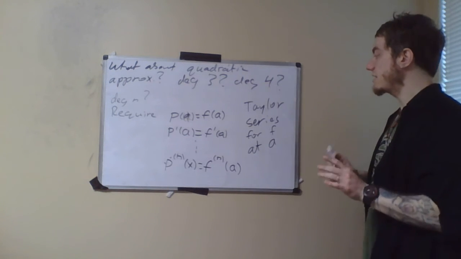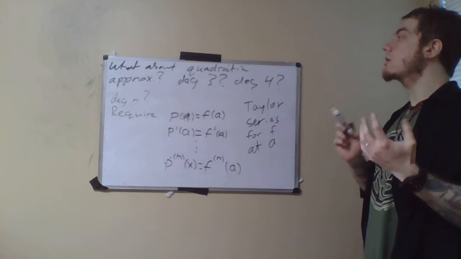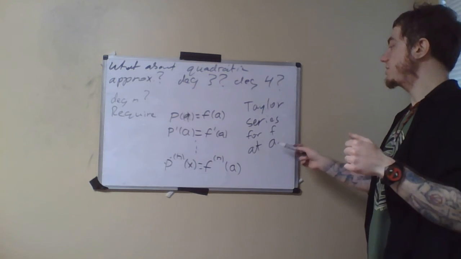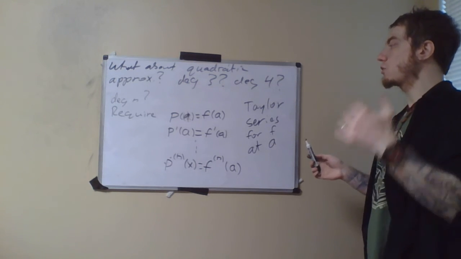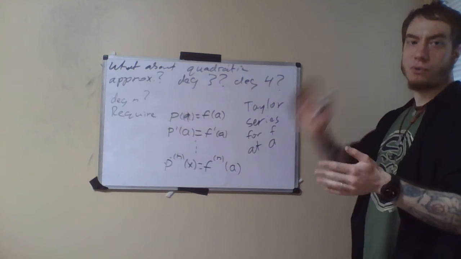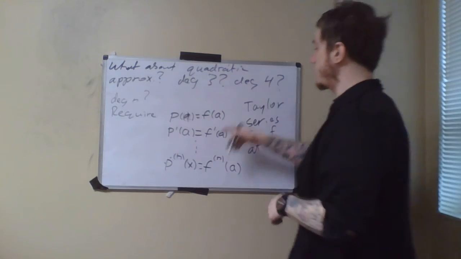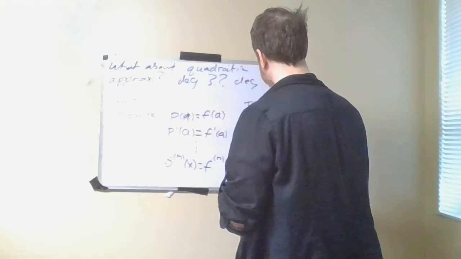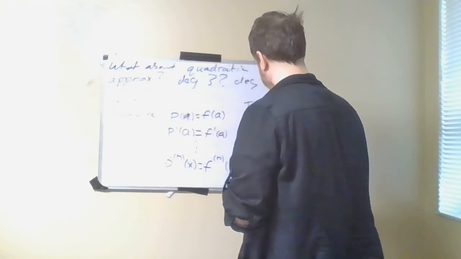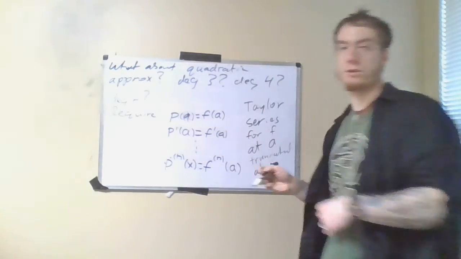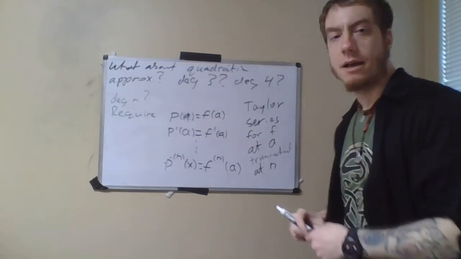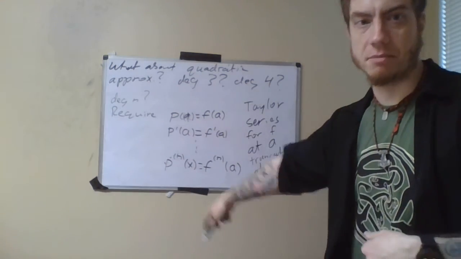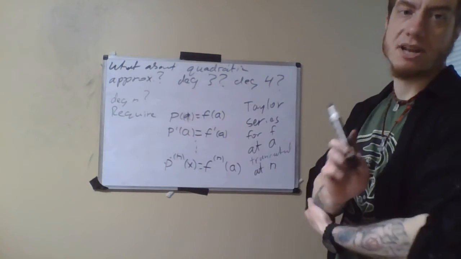But the last thing that I want to say is a linear approximation is a Taylor series for f that has been truncated after the first degree. So technically, if we truncate at degree n, we say it's the Taylor series truncated at n, but the Taylor series is all of the possible terms, and it becomes complicated.